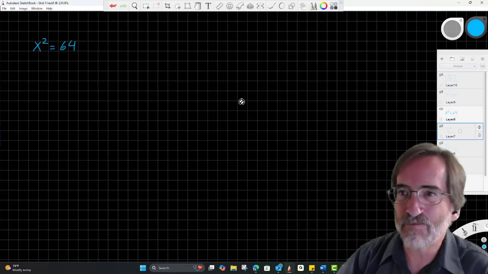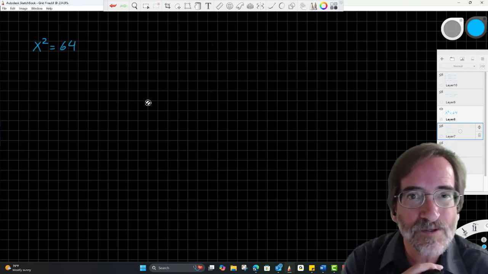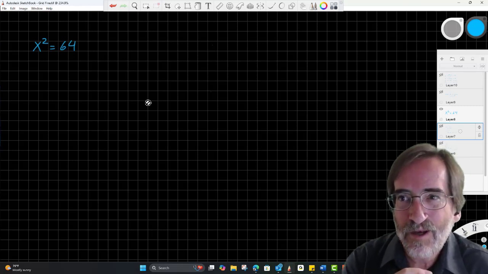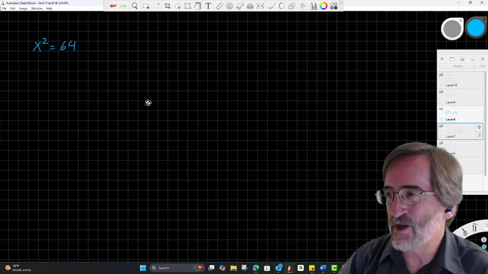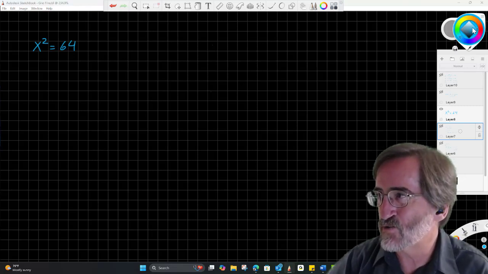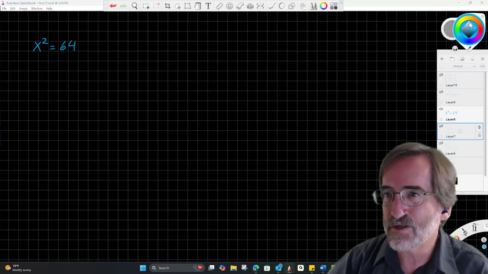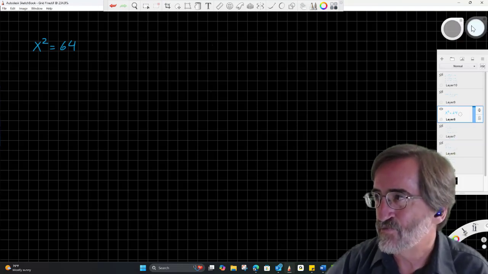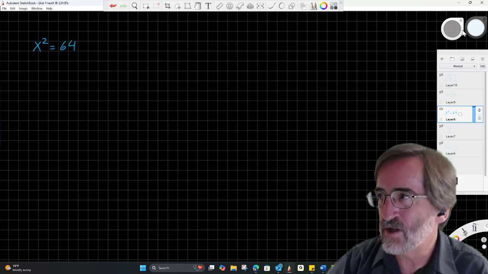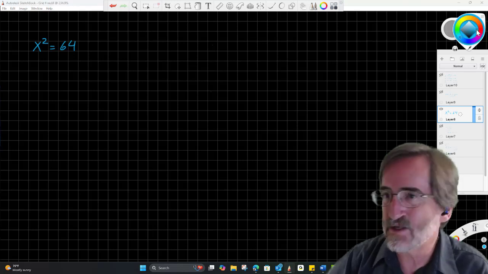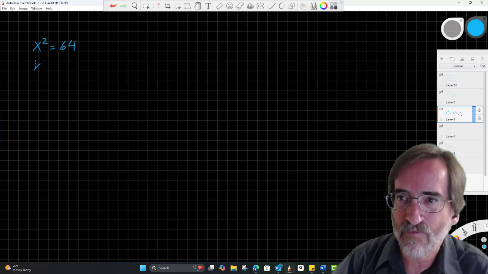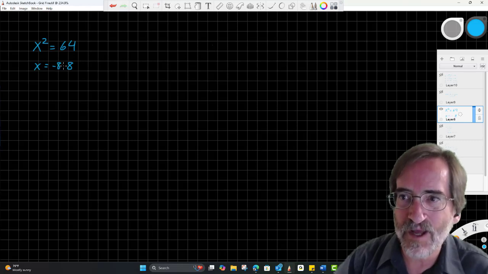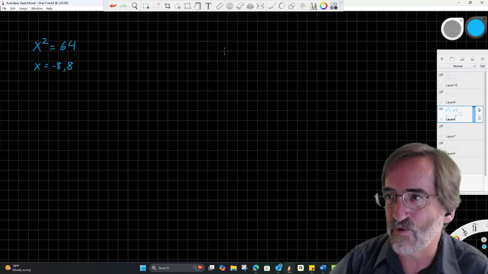Okay, next example, consider the equation x squared equals 64. And we understand, hopefully, that the opposite of squaring is square rooting. But there are actually two solutions to this problem. Two solutions. x could be 8, because 8 squared is 64. But x could also be negative 8, because negative 8 times negative 8 is 64.